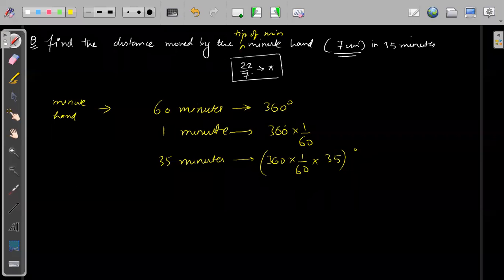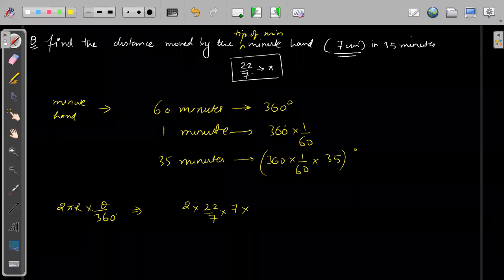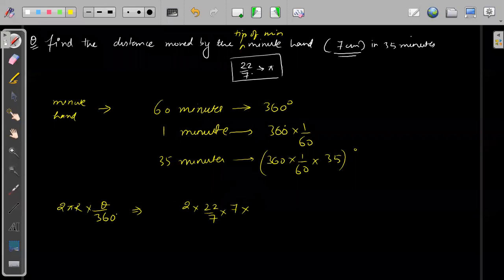So we can use arc length. If you are so fanatic about the arc length, then we'll use this. So arc length will be 2 pi r into theta by 360. So 2 into pi is 22 by 7 into r is 7 into theta. Theta is 360 into 35 by 60, divided by 360.